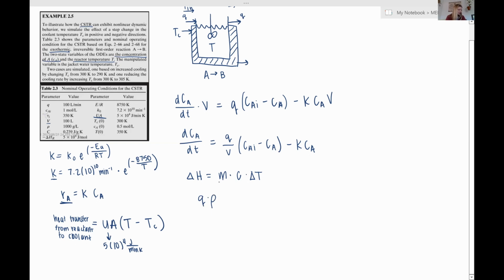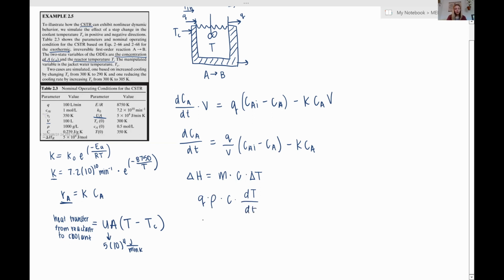And C, the specific heat, is given to us in the parameters, which is just C. And then our delta T, we're going to write it as our change in temperature with respect to time.